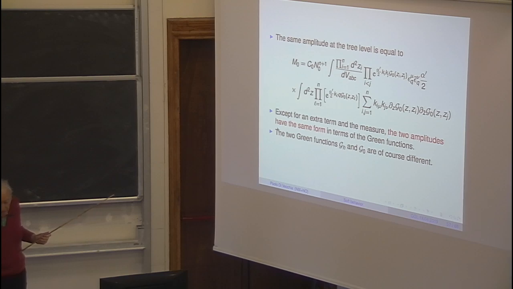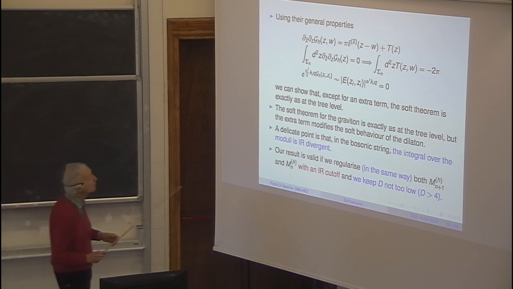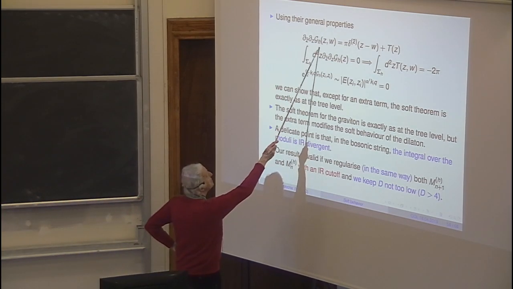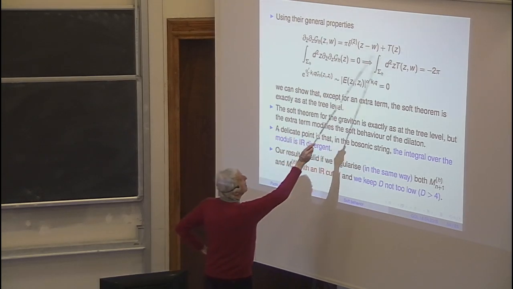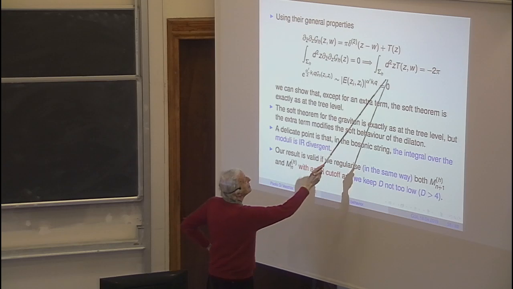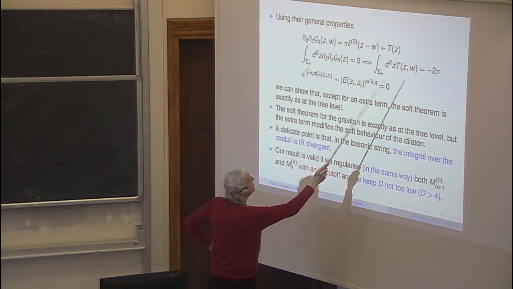Now, for doing the soft limit, you don't need to know the explicit form of the Green's function. You need to know only the general property. You need to know that the double derivative gives the delta function plus this term here, and this condition imposes this relation.